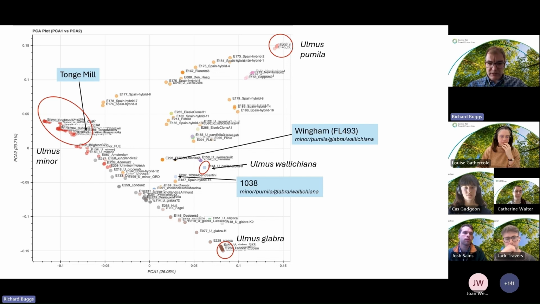So we suspect that the other parent of Wingham was also a complex hybrid. And this is where Tong Mill falls, which is the British elm that David Hurling crossed with 493. You'll hear a lot more about that from Kaz in a moment.